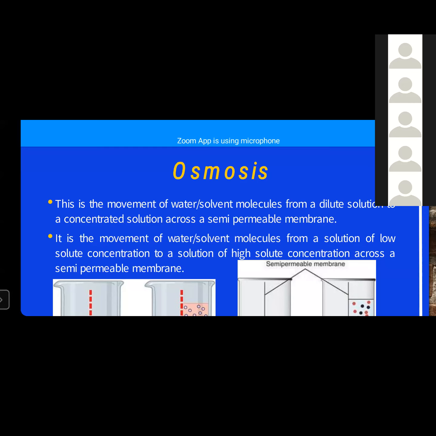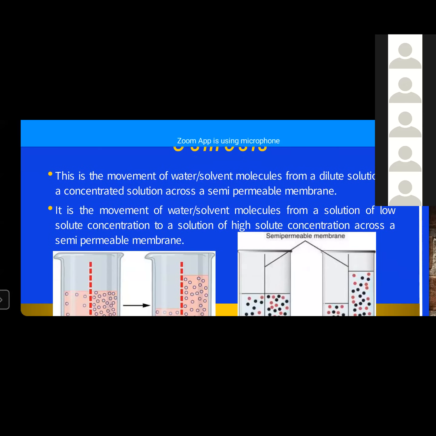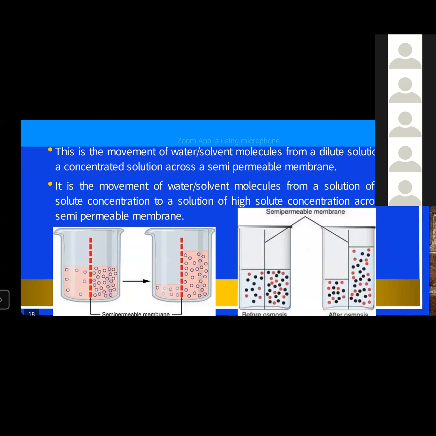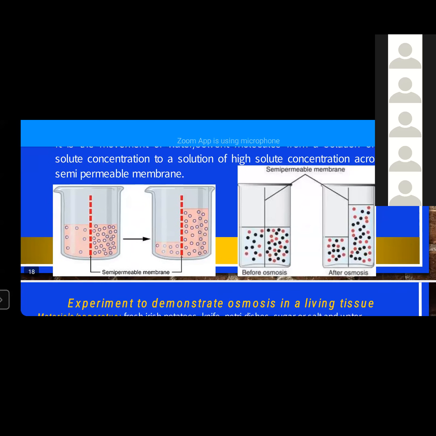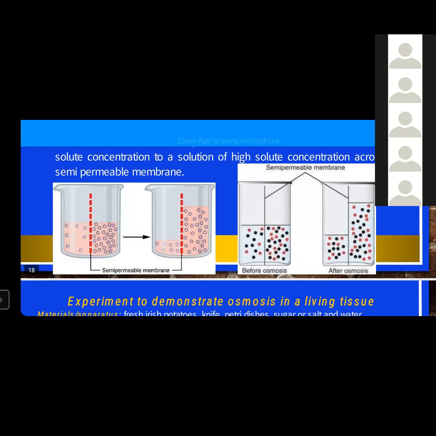It is the movement of water of low solute concentration to a solution of high solute concentration across a semi-permeable membrane. Yes, so these 2 definitions were given by you, and those are the definitions of osmosis.